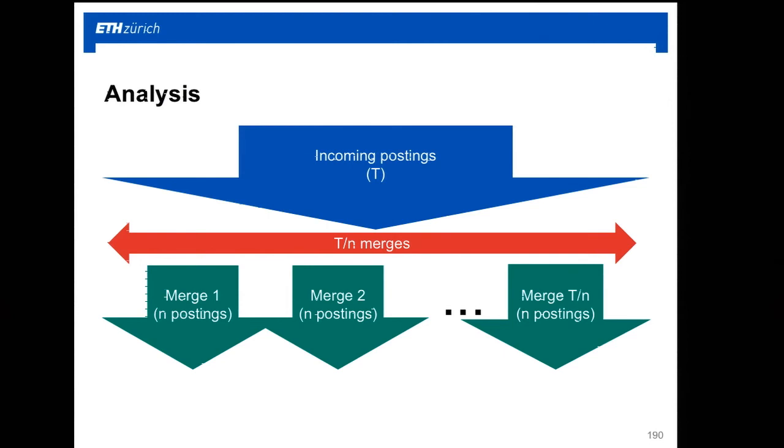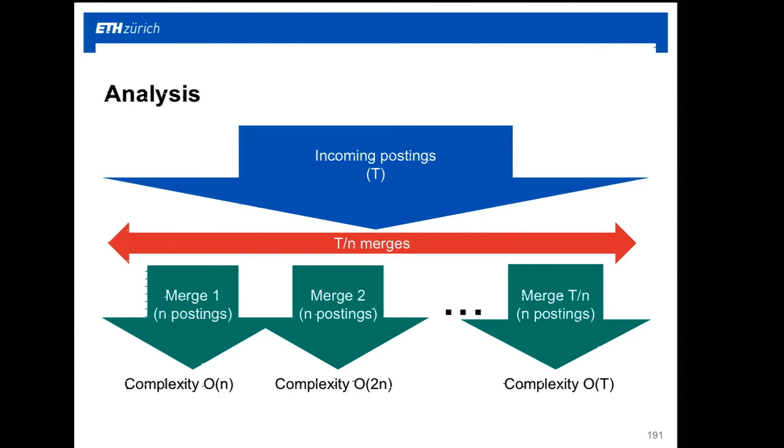What's happening? Okay? So now I'm calculating the complexity of that. The first time that I will just write down my first auxiliary index to disk, it's n. That's the number of postings that fit in memory. The second time is 2n in order of magnitude. Then 3n, 4n, and so on, and then finally t.